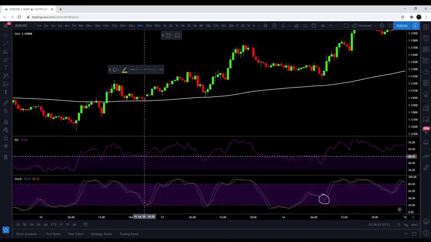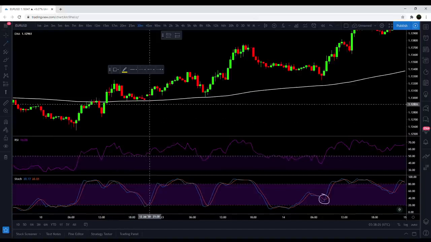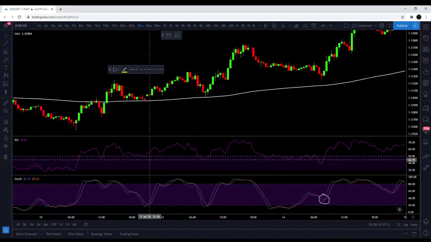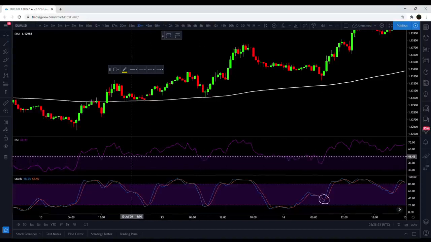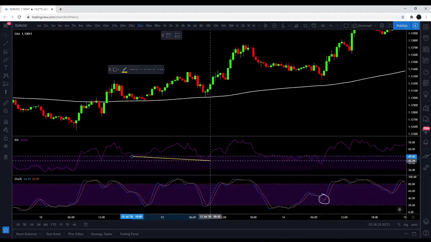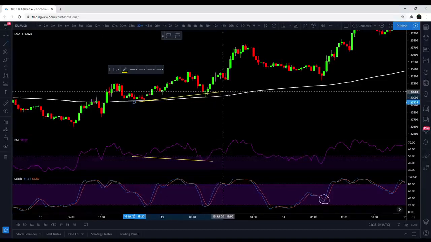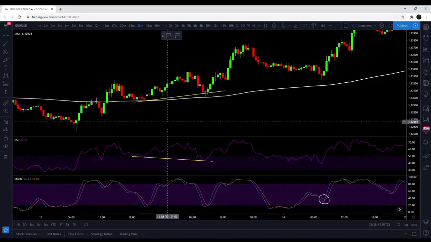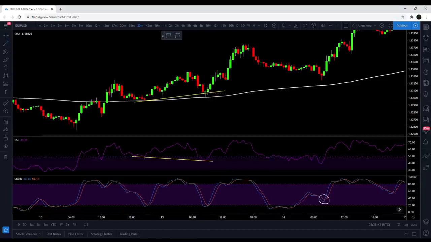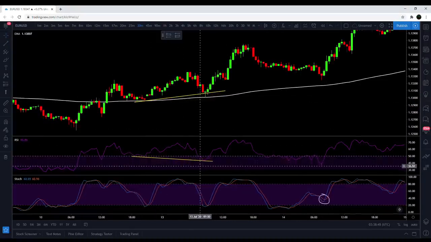Low here makes this low on RSI. Then we get this higher low on price, but a lower low on the RSI this time. So that's a hidden divergence. And you can draw it in so you can be sure of yourself that you've actually spotted a hidden divergence. Higher low on price, lower low on RSI.